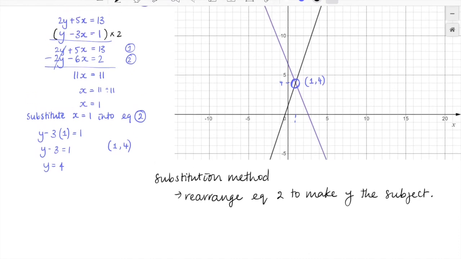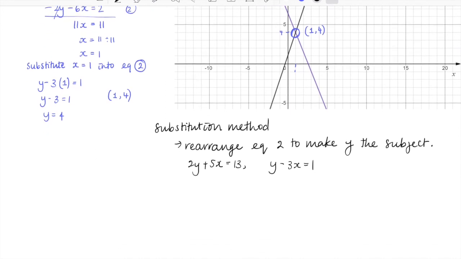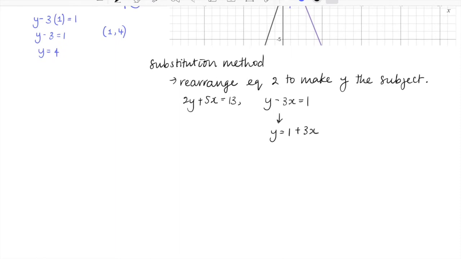Alright, so writing out the two equations again. So now here you can see that I can substitute equation 2 into equation 1. So I'm just going to quickly finish that off.